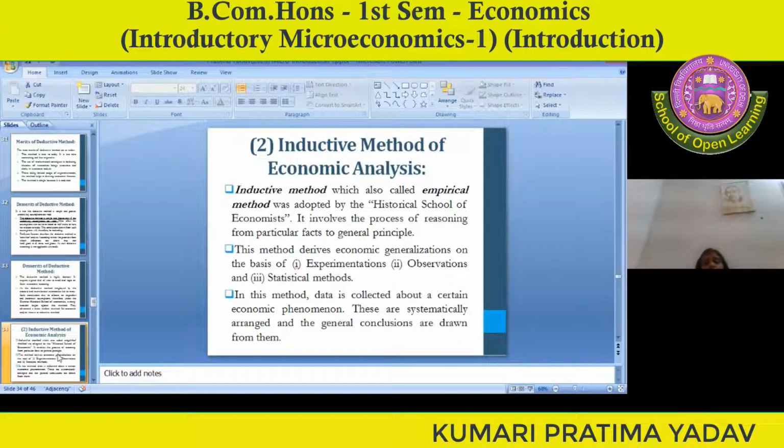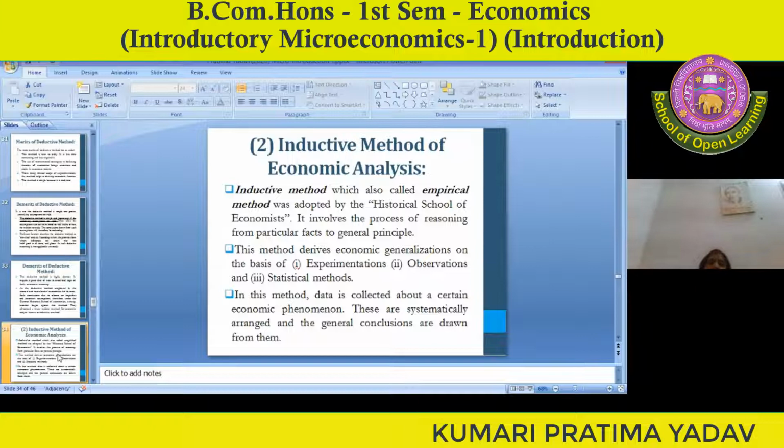It involved the process of reasoning from particular facts to general principle. In the sense, once you take the general principle and try to make a theory, that is called deductive. Inductive, you find something and then you try to generalize it for the whole system or society. That is called the inductive method.